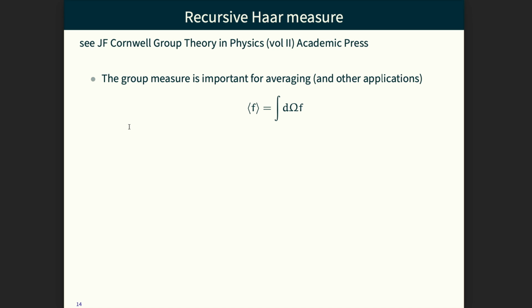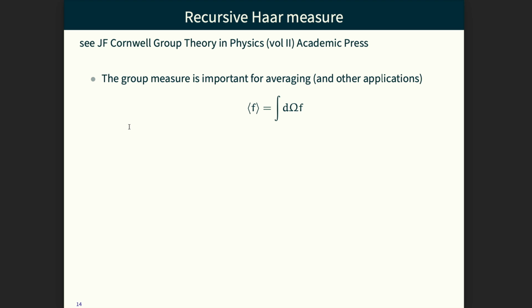Okay, so let me now talk about the Haar measure. There are many instances where you're interested in averaging. If you think of average complexity of circuits and all that sort of stuff, you would want to average over ginormous matrices.